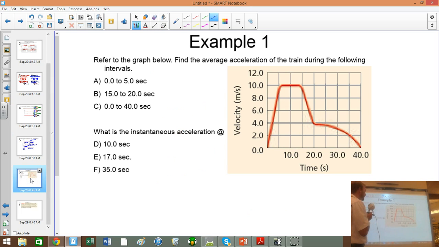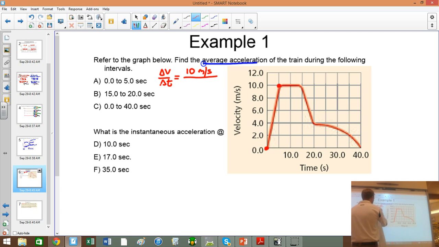Example 1, it says refer to this graph and then tell me what's going on. It says find the average acceleration from 0 to 5 seconds. So here's 0 seconds. Here's 5 seconds. Remember, average acceleration is your change in velocity over your change in time. So my final was 10 to 0. So my change in velocity was 10 meters per second.